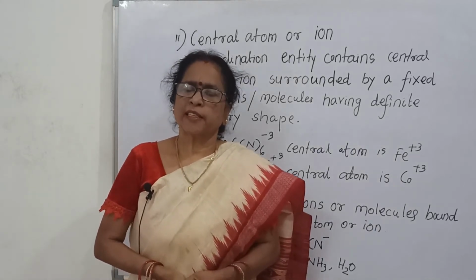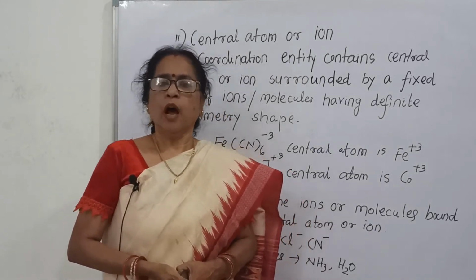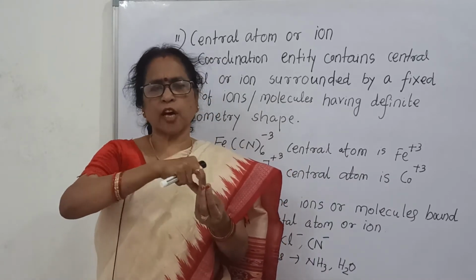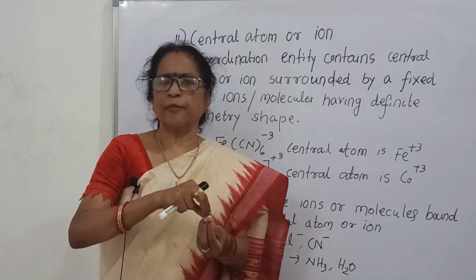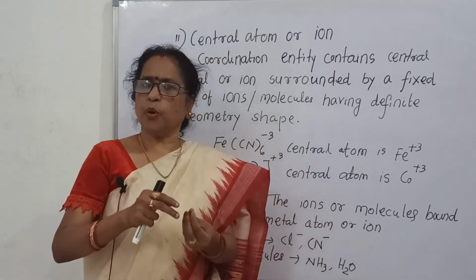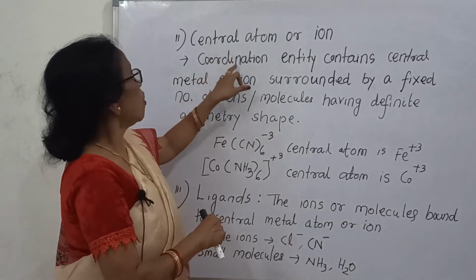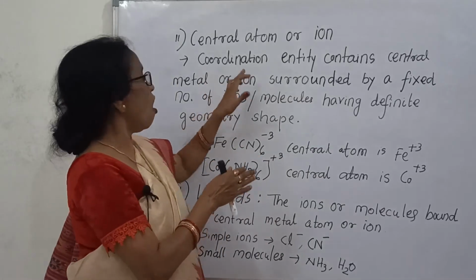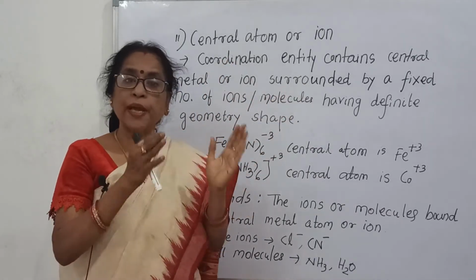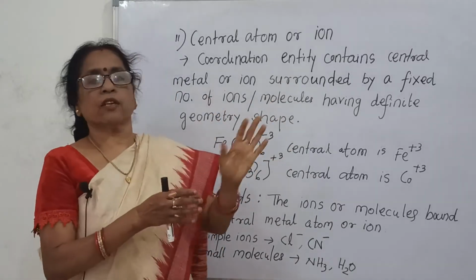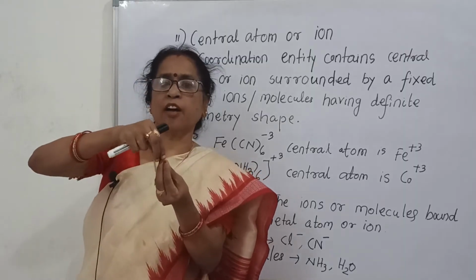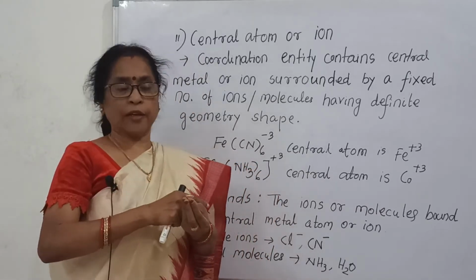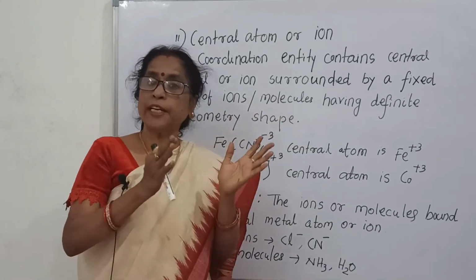The next point is the central metal or ion. I told you that in a coordination entity the central atom is in the middle and is surrounded by negative ions and molecules or both. The coordination entity contains a central metal atom or ion surrounded by a fixed number of ions or molecules, having a definite geometrical shape.